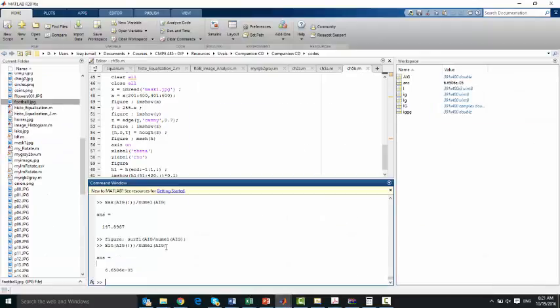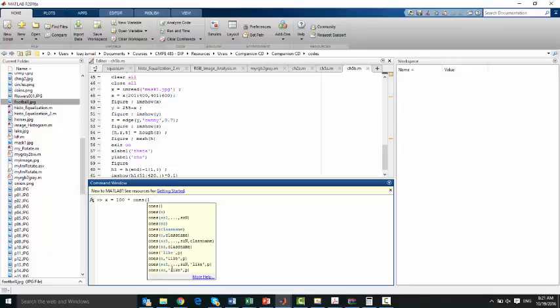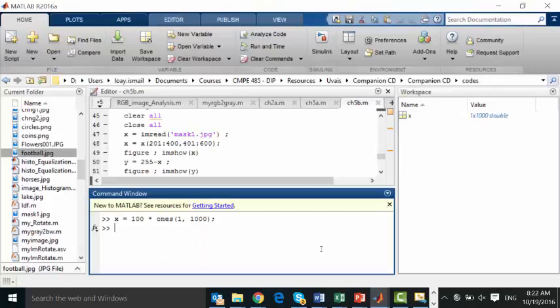Let's go to the example. As you have seen before, here we have x equal to 100 multiplied by ones, right?